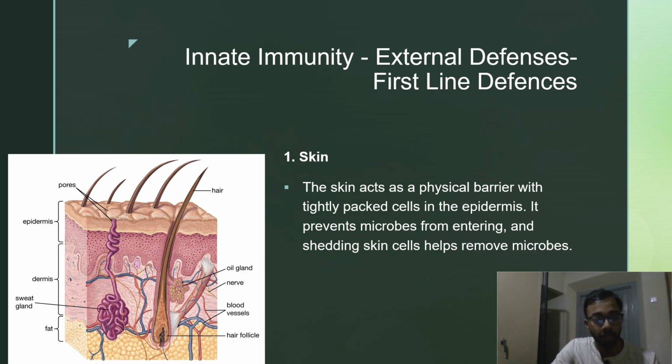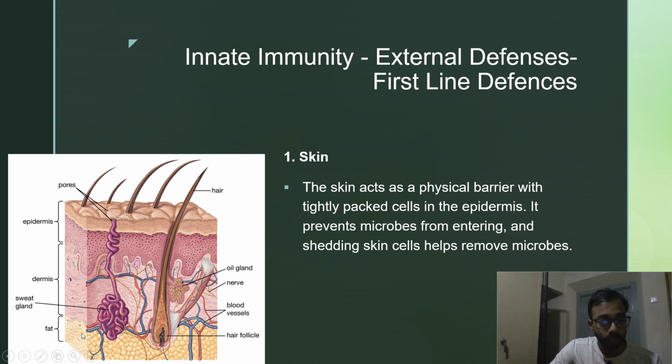Here you can see a cross-section diagram showing the layers of the skin. The outermost layer is the epidermis, which is composed of keratinized stratified squamous epithelium.